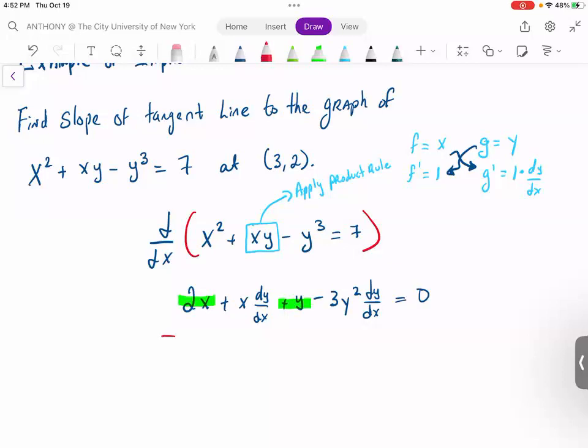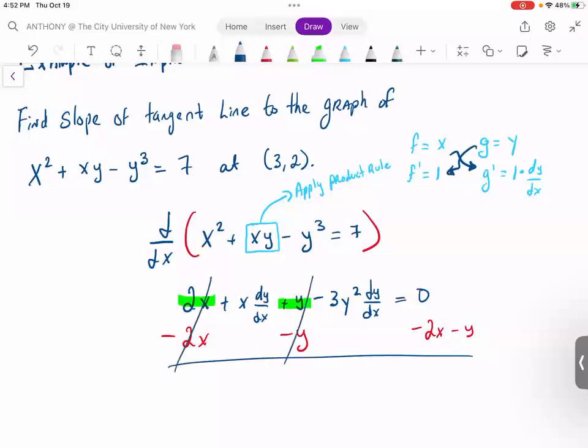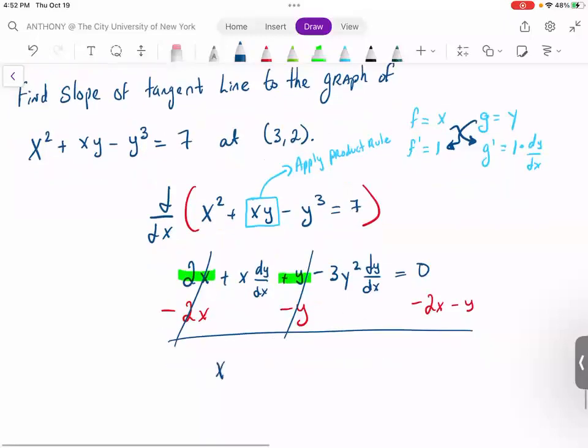So I can do this in one step. I can subtract 2x and subtract y on both sides. So the 2x and y's will cancel. This will give you x dy/dx minus 3y squared dy/dx is equal to negative 2x minus y.